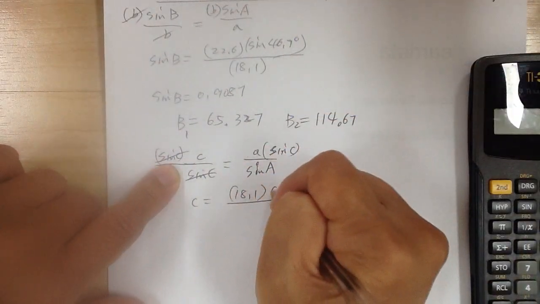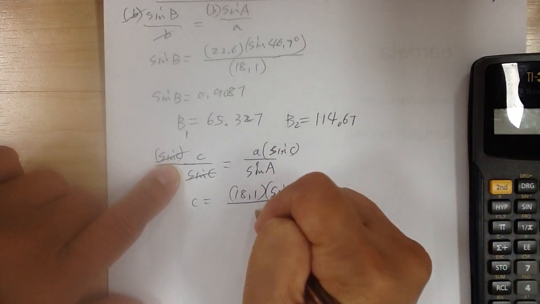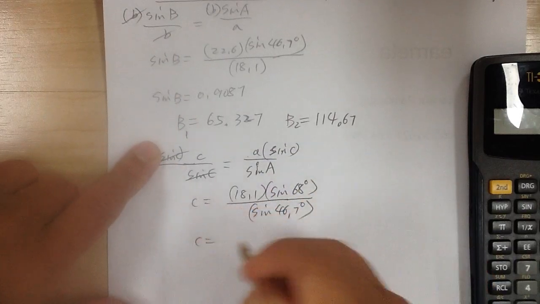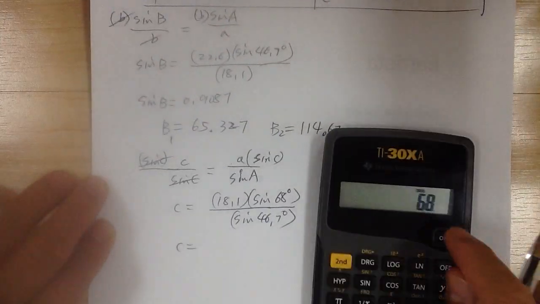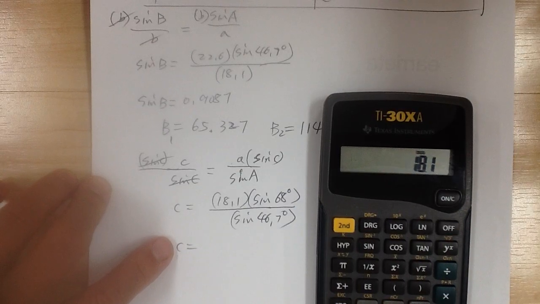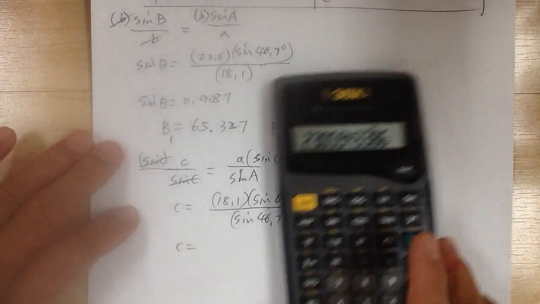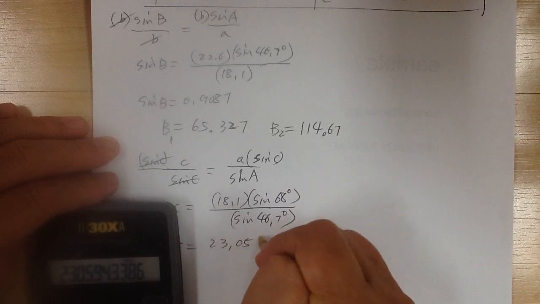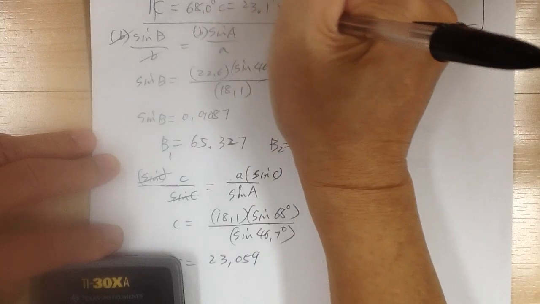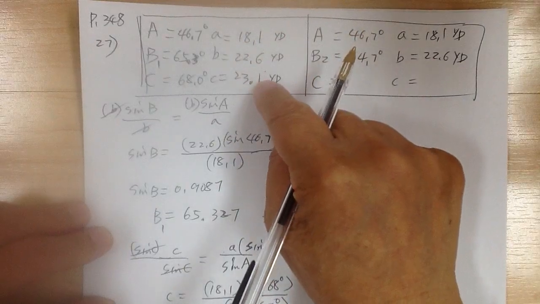So 18.1 times sine of C, which is 68 degrees, over sine A, 46.7 degrees. So sine 68 times 18.1, divided by sine 46.7, equals 23.059. So when I bring it up here, it would be 23.1 yards. You have to round off to one decimal place.